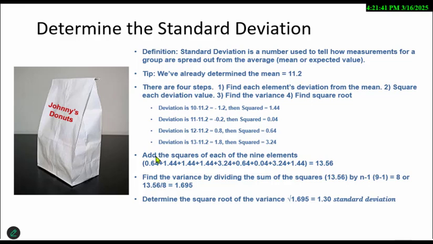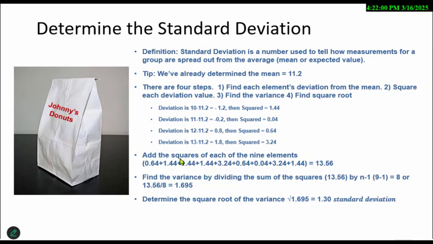The old way was to calculate the sum of the squares and take the square root of it. I'll let you read it here, but essentially, the deviation from the mean, which is 11.2, is 1.2, minus 0.2, 0.8, 1.8.